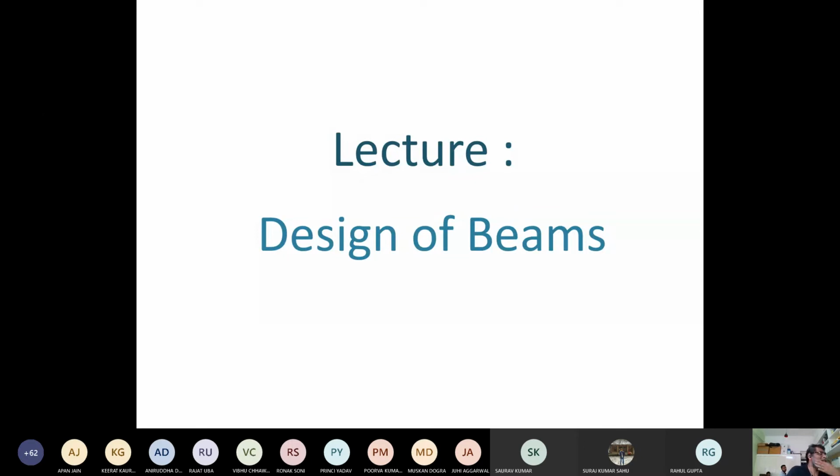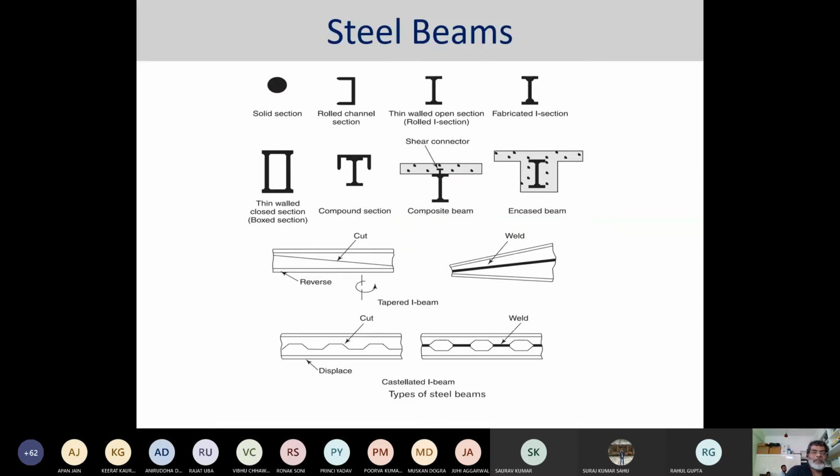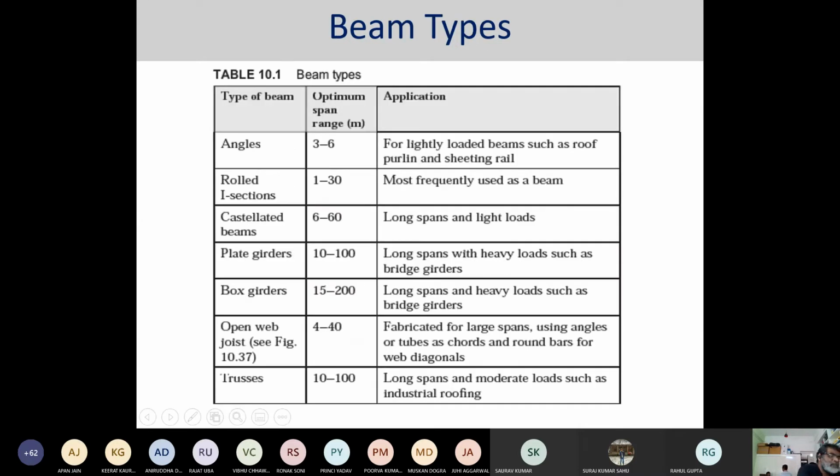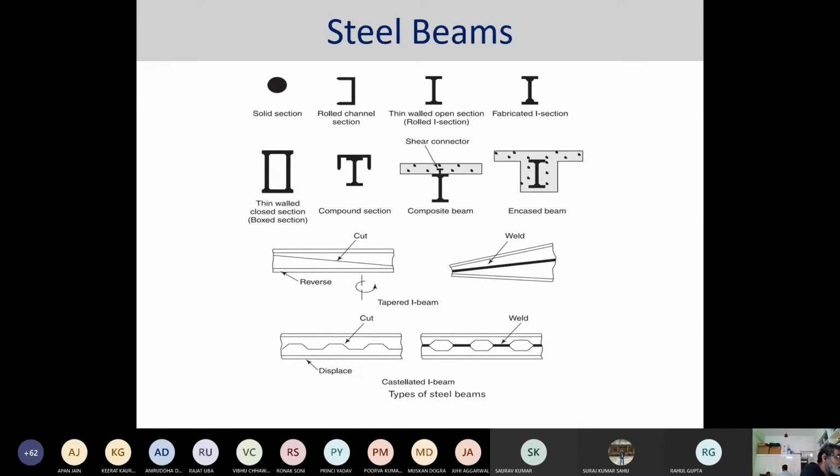So now let's go to beam design. These are the different types of steel beams which can exist. Just take a look at it. You can have a solid section. You can have a rolled channel section. You can have an open section.